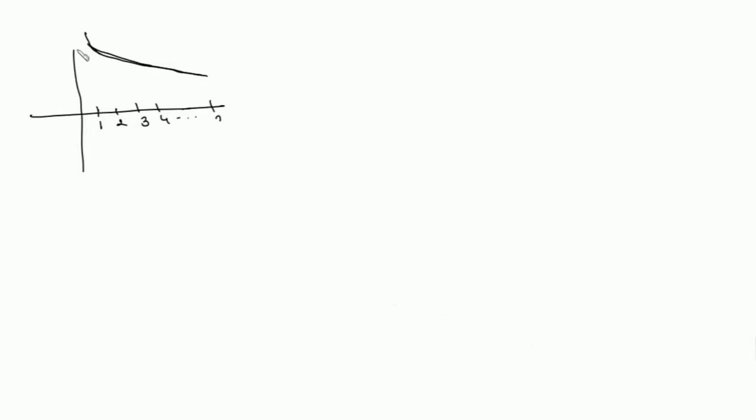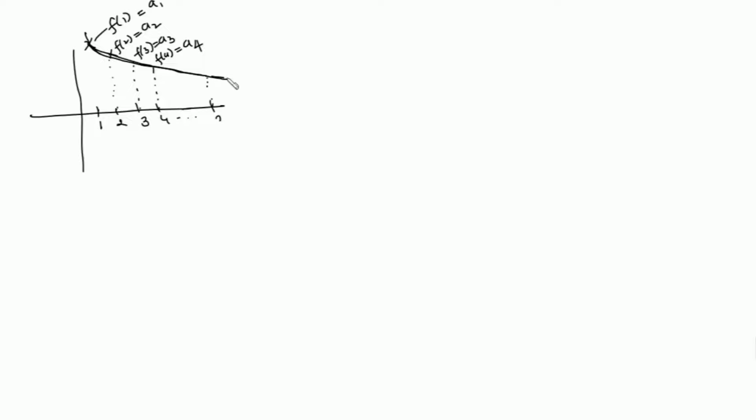So corresponding to 1, you will have this as a function value which is f1, and that is same as a1. Then for a2, this is your f2 which is a2. This is your f3 which is your a3. This is your f4 which is your a4, and so on.